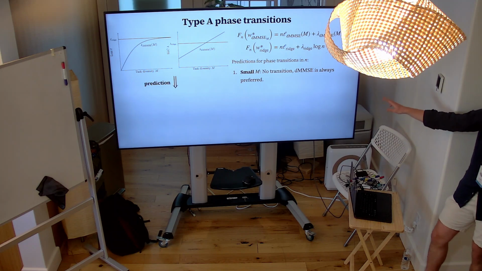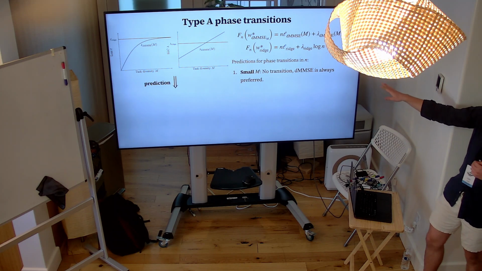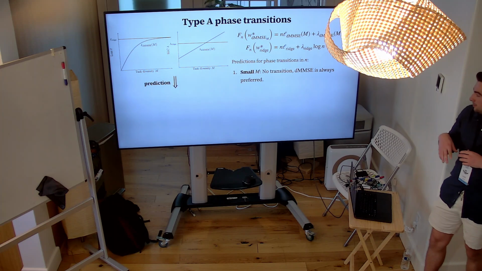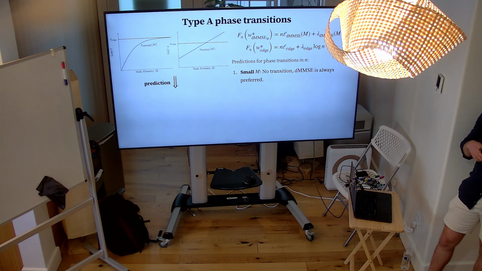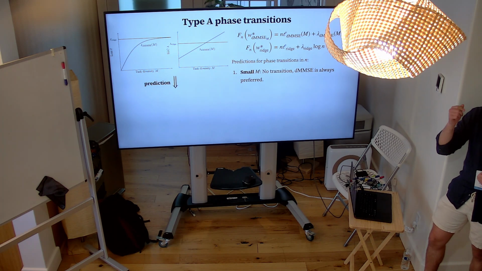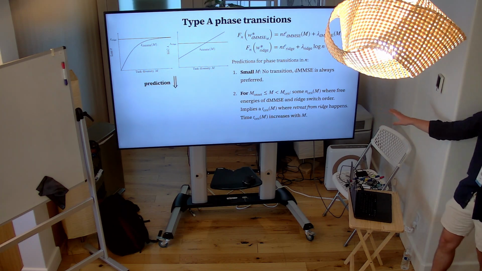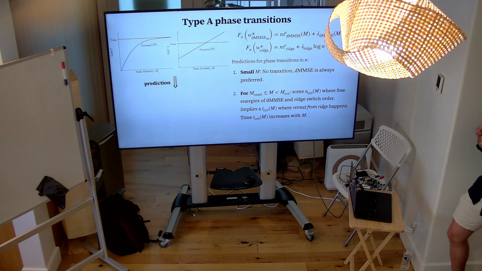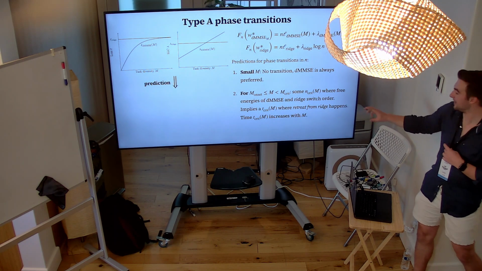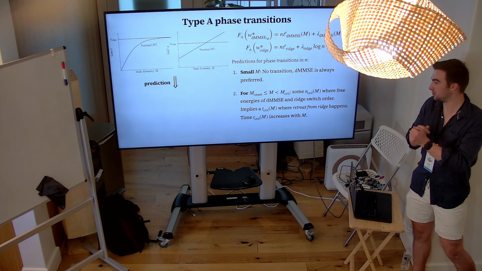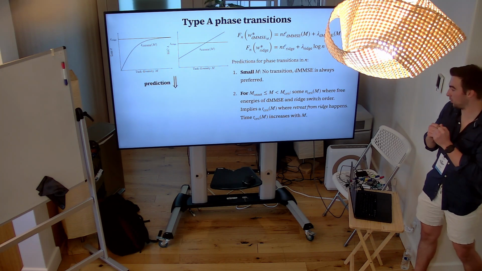So you would probably predict that for very small n values, there is going to be no phase transition because DIMS is always going to be preferred. It's very low loss and it's very low complexity. But then, for this middle band of n values, we would predict that there is some critical value of n where the free energies do switch their order.